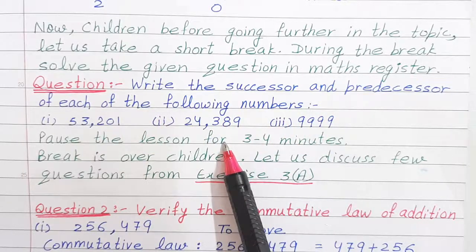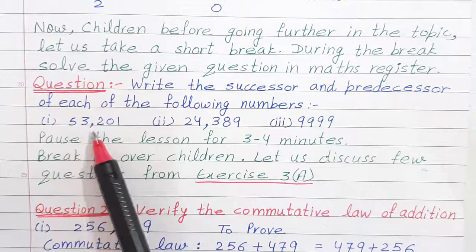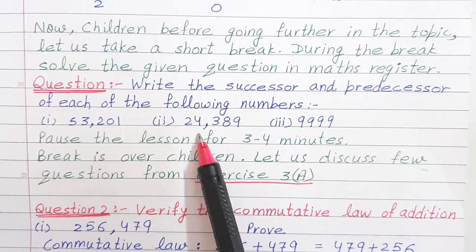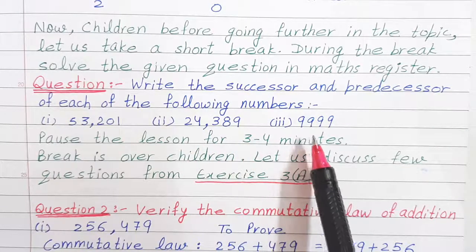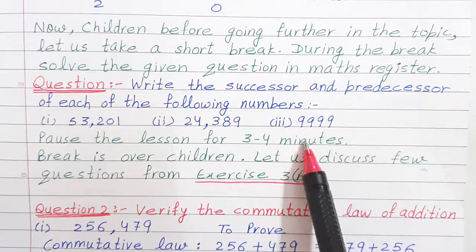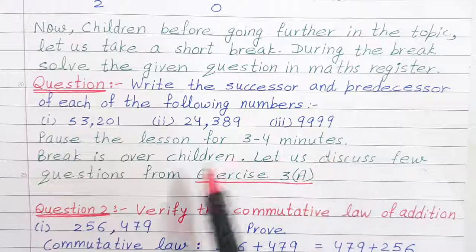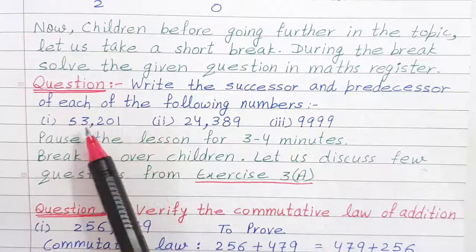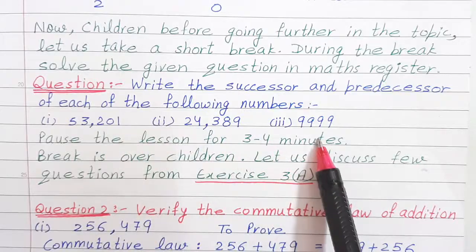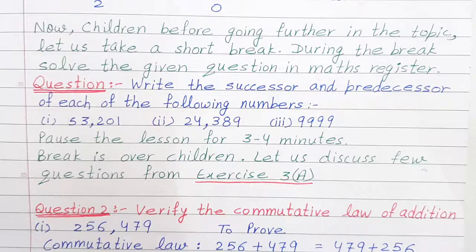And the numbers are, first is 53,201, 24,389 and 99,999. Clear? So pause the lesson for 3 to 4 minutes and write all the successors and predecessors of the given numbers. Now break is over children.